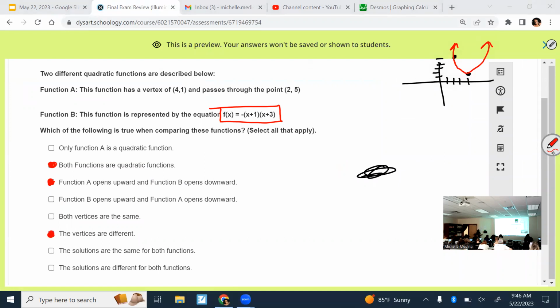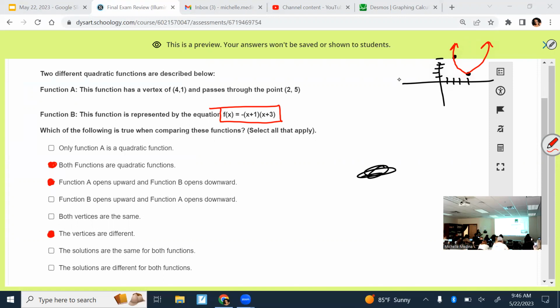And then it says the solutions are the same for both functions. Well, what would be the solution for function A based on the little sketch I drew? Where would you normally find your solutions on the graph? On the x-axis. Does this one even touch the x-axis? No, it doesn't.